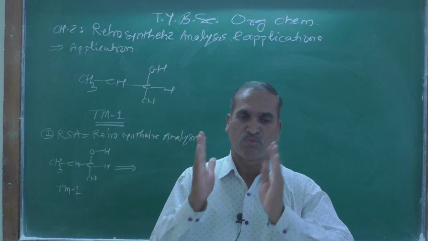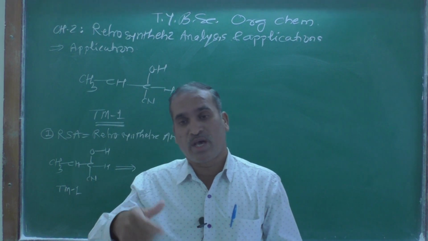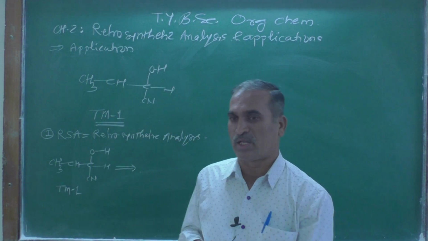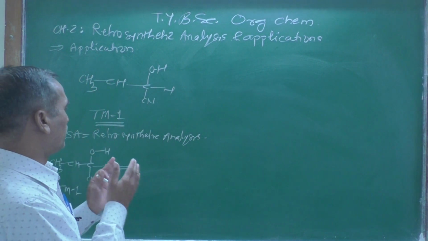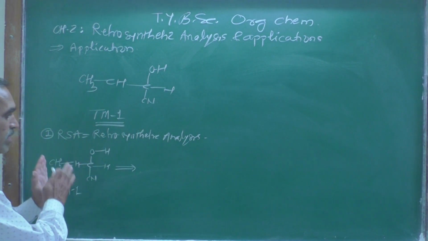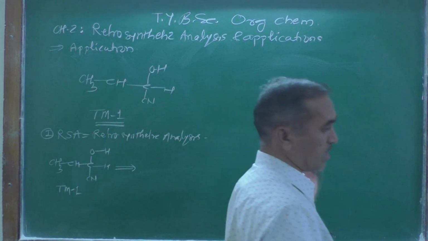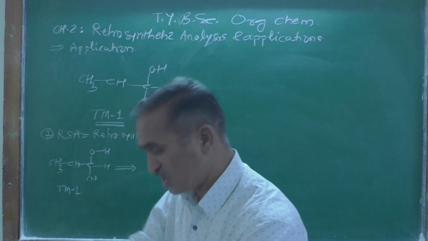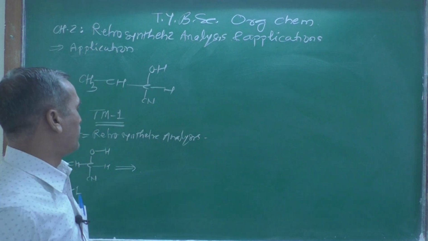But here we are just thinking logically, developing how we can prepare this target molecule. First we do this work on paper, and after that we are going to synthesize it in the actual laboratory.